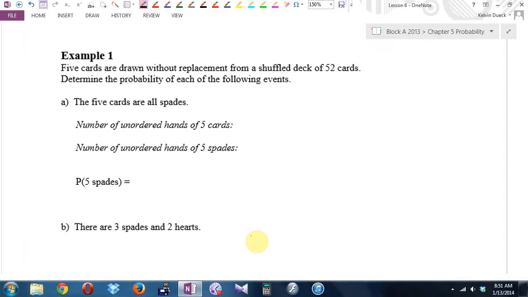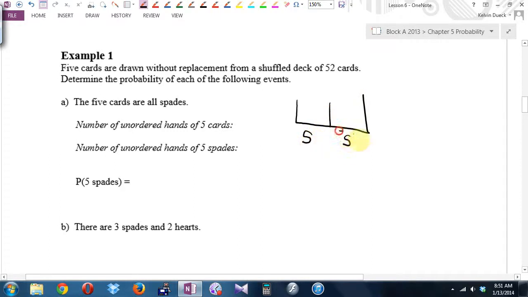How many cards? 5. This is a job for a bucket. Remember the bucket? So we're going to go like this. And it looks like we have spades and not spades.